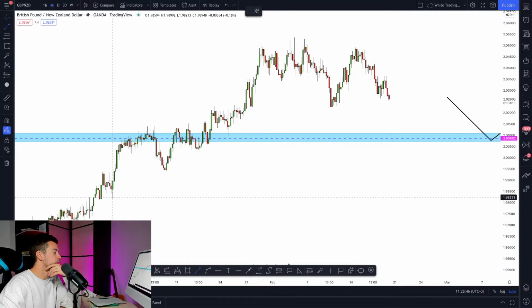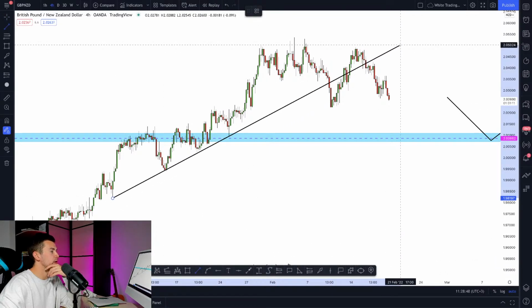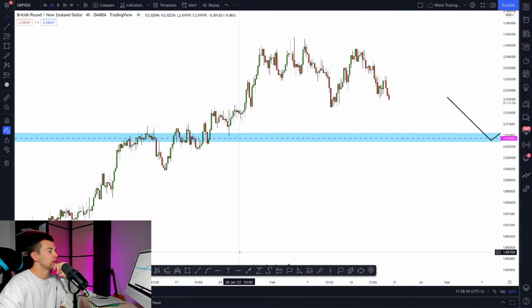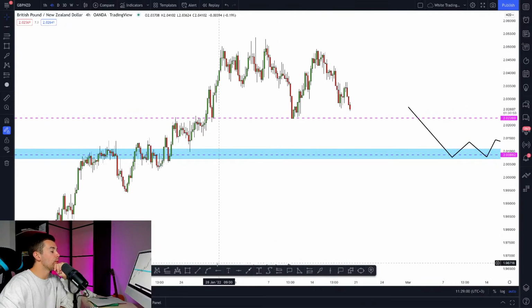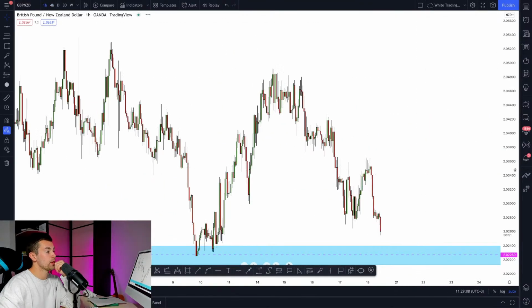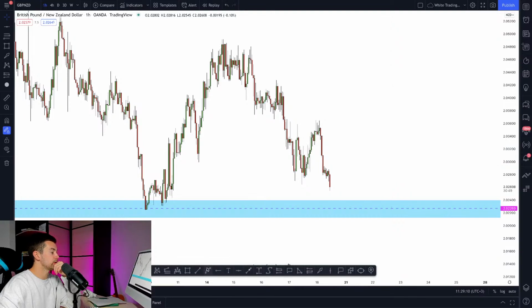Let's check. I guess we got multiple breakouts of different trend lines. That is a fact, and it is very bearish. There is also a minor structure here on Pound New Zealand, this one, and you can look for a pullback trade from that minor structure.